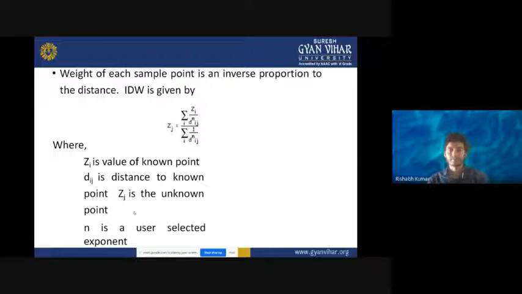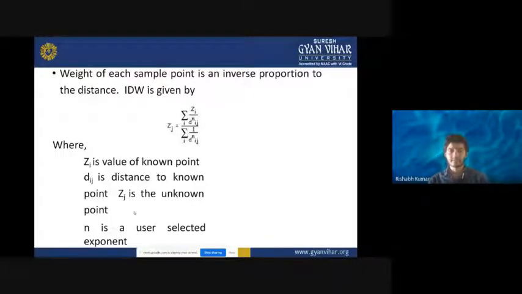Okay, so IDW is given by Zj equal to summation of Zi divided by Dij^n, divided by summation of 1 by Dij^n, where Zi is the value of the known point and Dij is the distance to the known point.